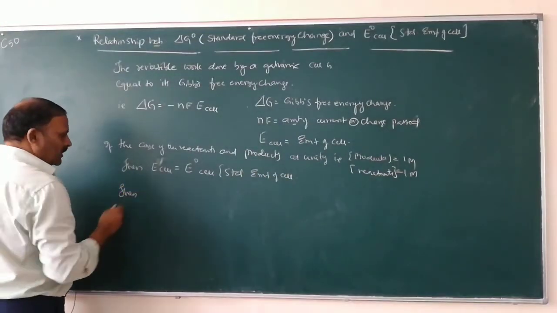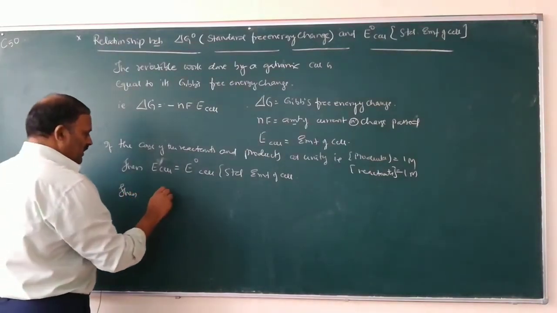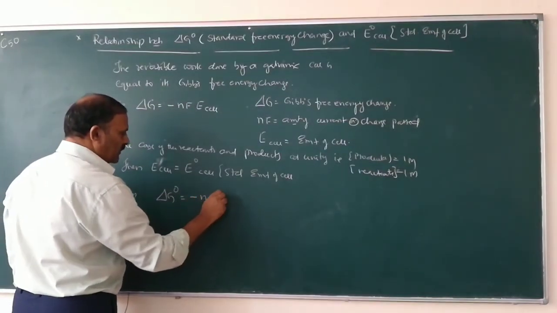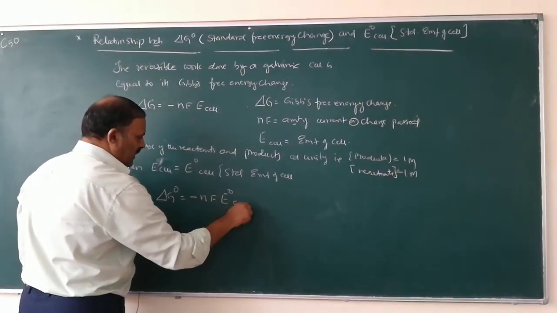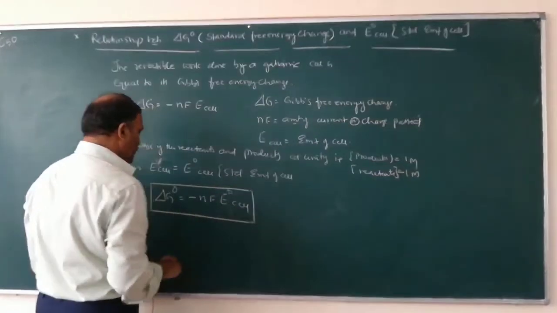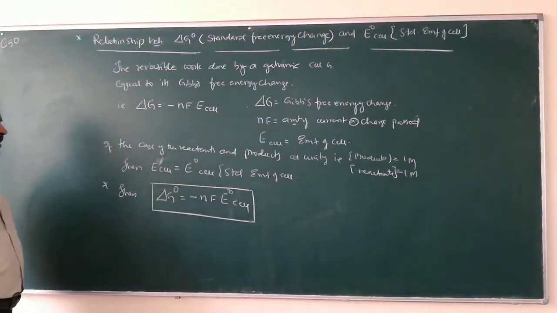Then the free energy change is called the standard free energy change. Delta G naught is equal to minus nF E naught cell. So this is also a very important equation to calculate problems.